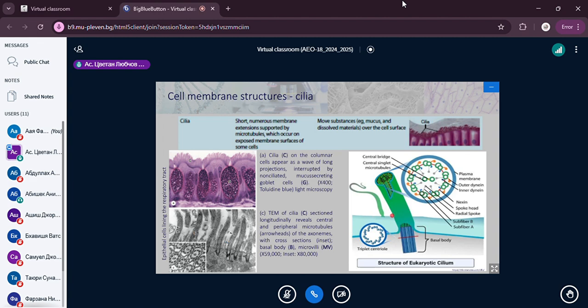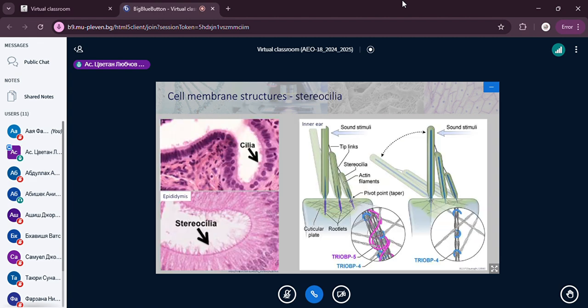Outside the cell, the structure changes significantly, guys, and the 9 triplets turn into 9 doublets of proteins. But more importantly, we're going to see the two microtubules in the center, which actually are very important for the active movements of the structure. So thanks to these microtubules in the center, it's actively moving stuff, of course, using energy, as you're going to imagine.